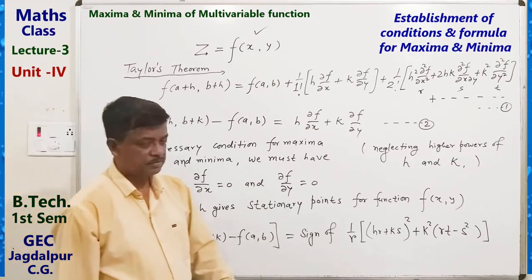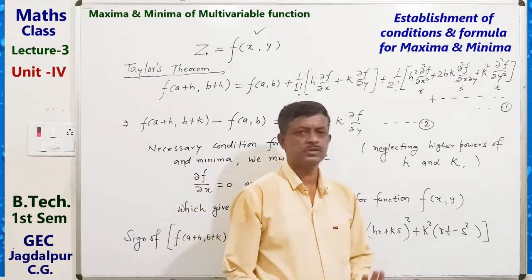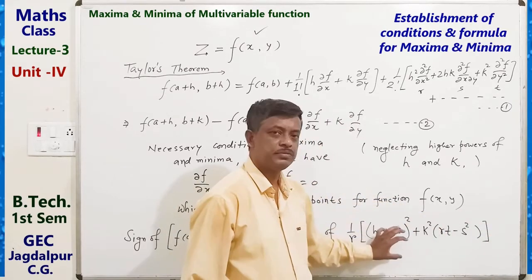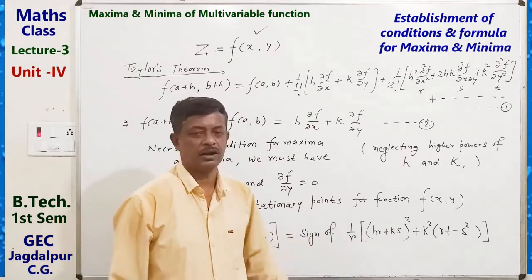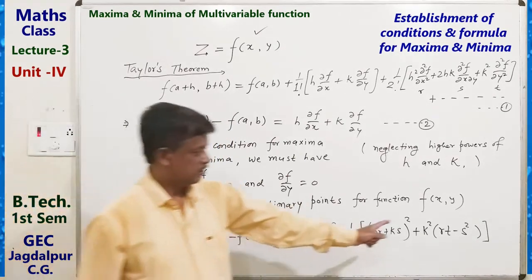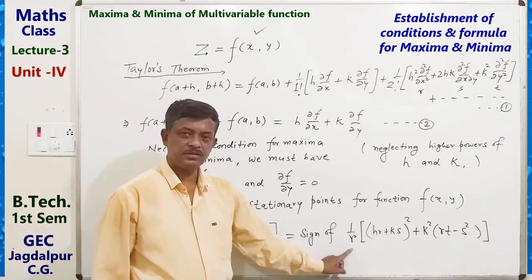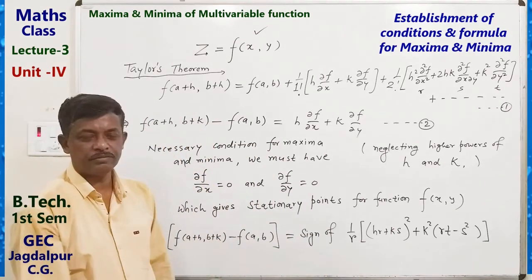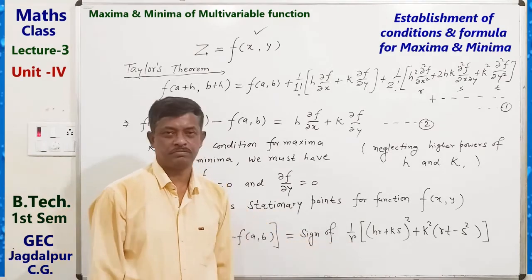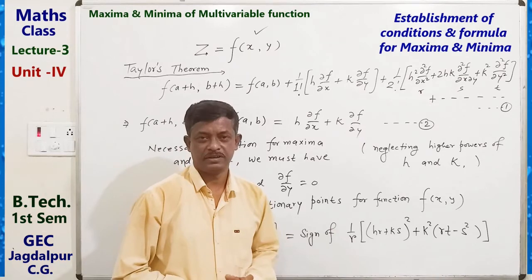If this is positive, then the total will be positive and its sign will depend on r. So we make the condition rt minus s square is greater than 0, and if r is less than 0, then its sign will be negative, maximum. If r is positive, then minimum. So this is our condition establishment.